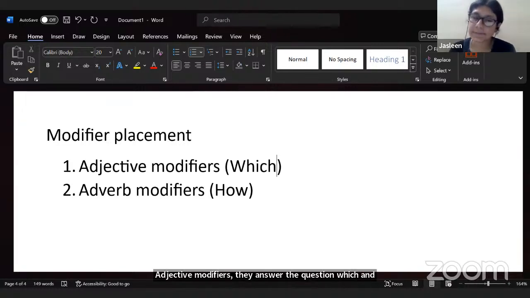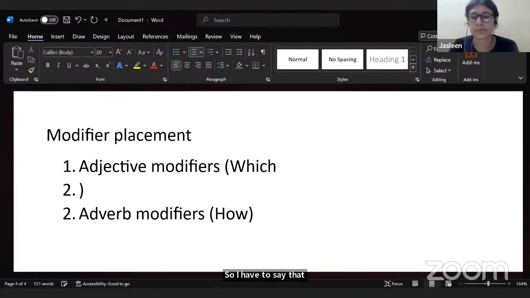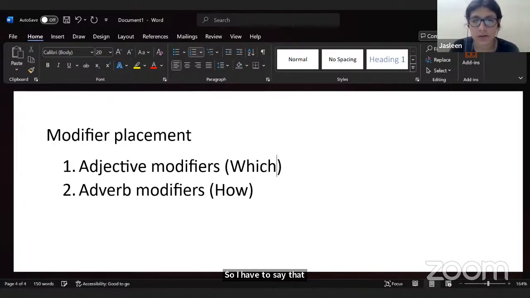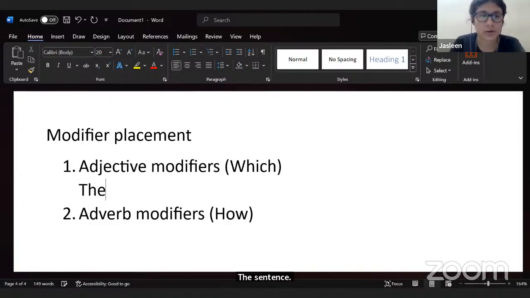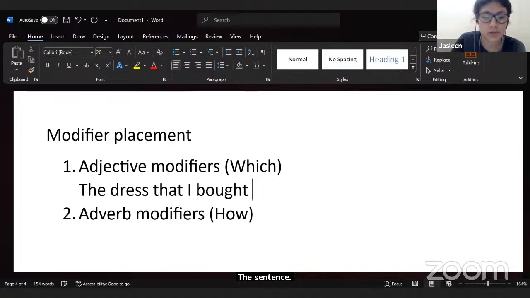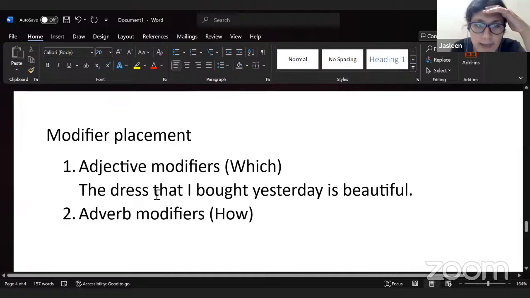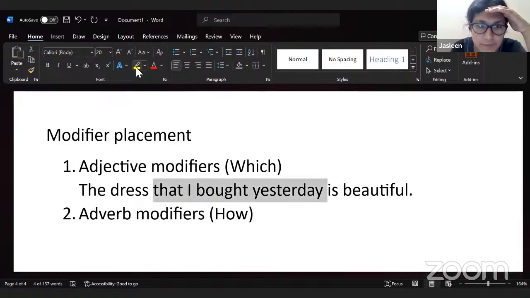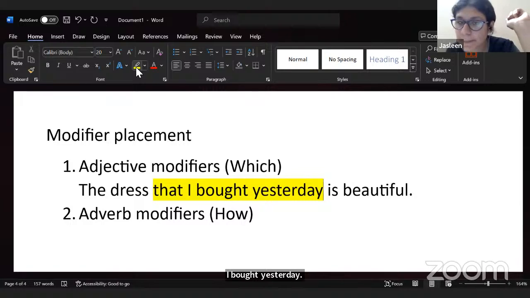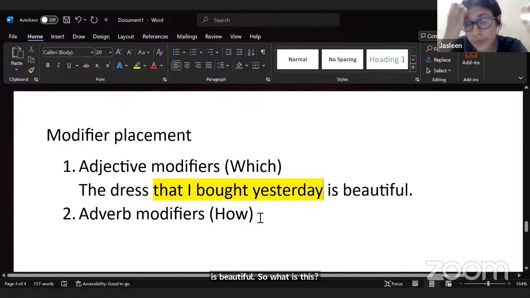So I have to say that the sentence, the dress that I bought yesterday is beautiful. So what is this? This is an adjective modifier. How? So which dress? The dress that I bought yesterday.